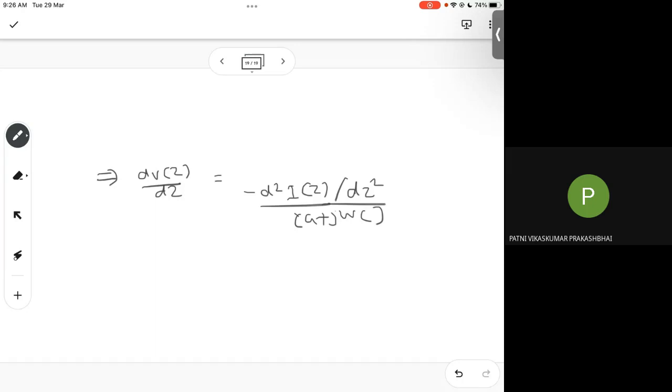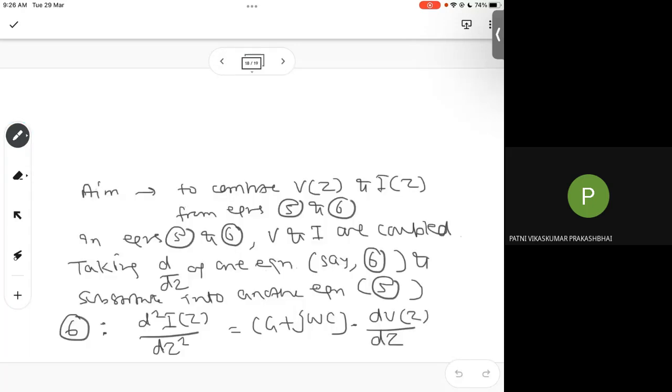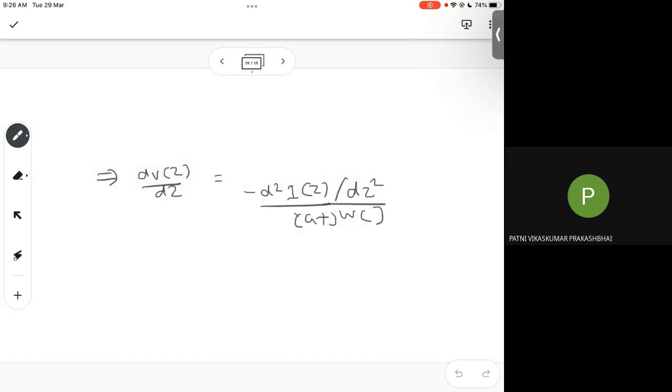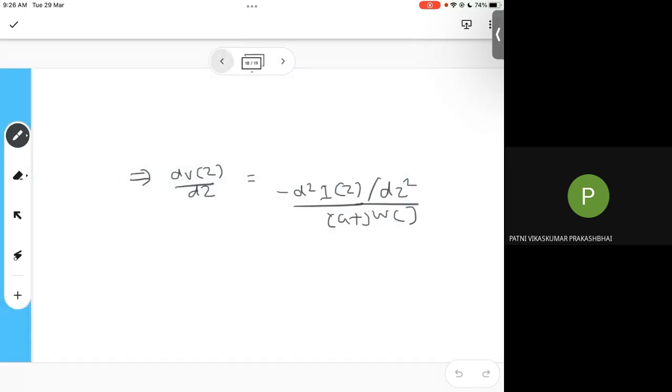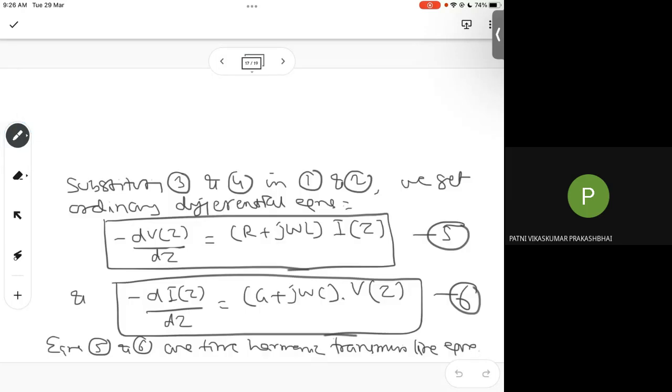If you see here in the previous equation, I got this. So I'm now finding dVz by dz. So it becomes d square Iz by dz square over G plus j omega C. I got this, and there is a minus sign here.